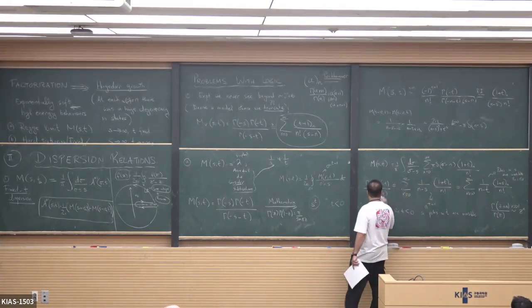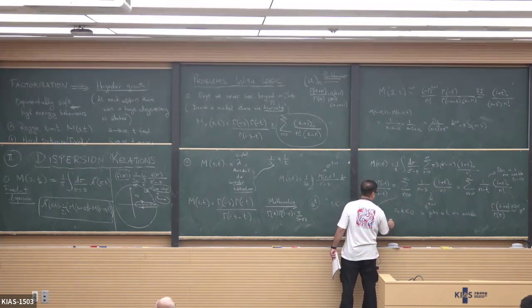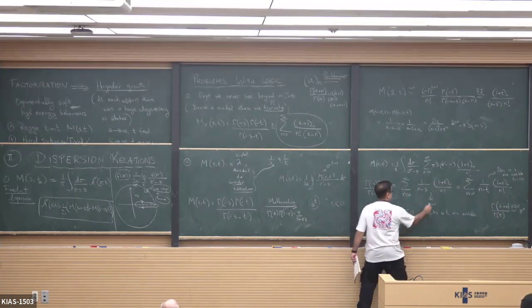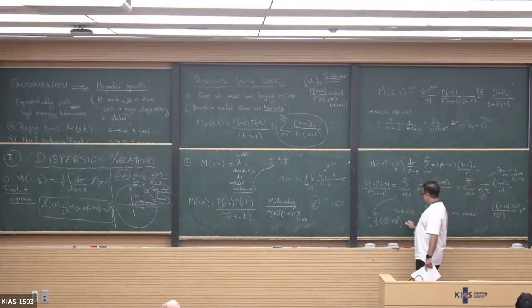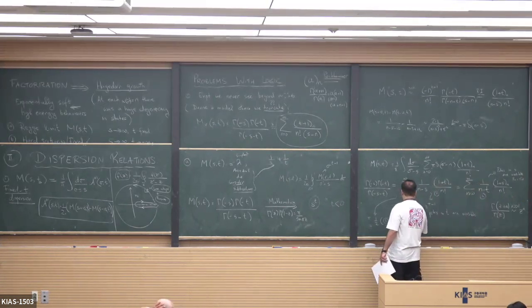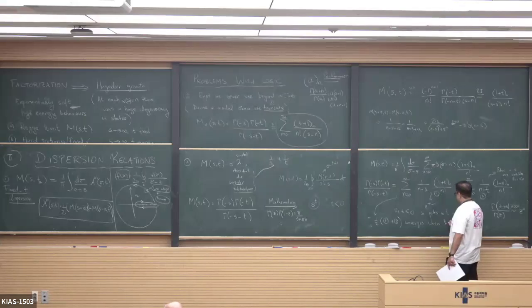So if I took half of 1 plus 2, where this is 1 and this is 2, then this would only converge when the real part of S and the real part of T are both less than 0.